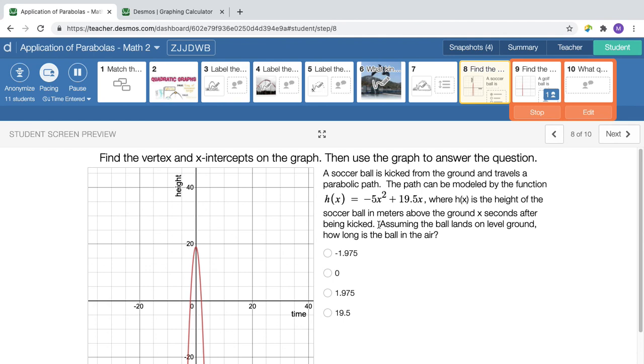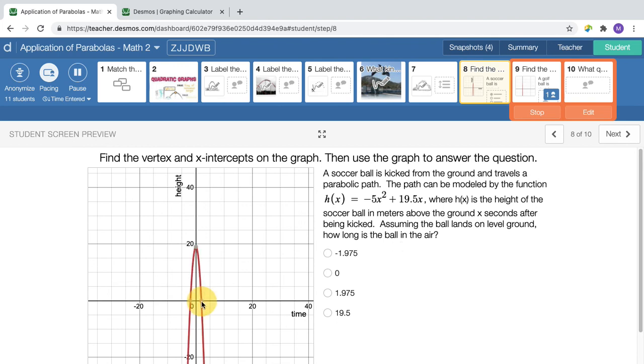The question is, assuming the ball lands on level ground, how long is the ball in the air? So I'm trying to figure out how long the ball is up in the air. Well, that means I need to consider how much time it takes for it to go up and then return.